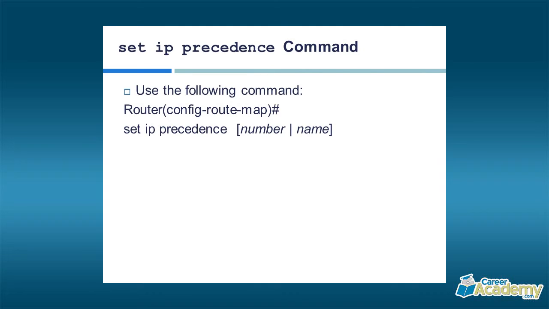The set ip precedence command is set ip precedence with a name or number, and we use it when implementing quality of service. It can be used by other services as well, such as weighted random early detection and weighted fair queuing. We have 8 possible values for the IP precedence: values 0 through 7 are defined. We start counting with 0 and end with 7, so we're talking about 8 possible values.